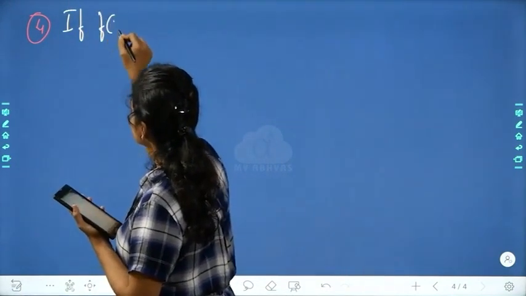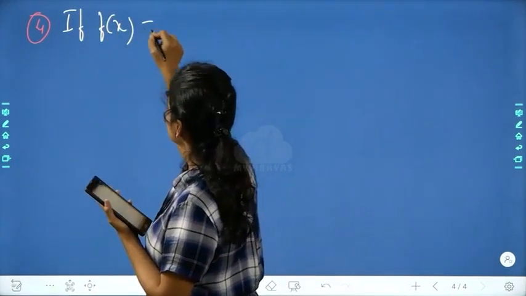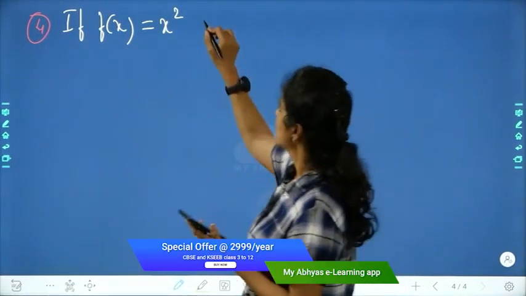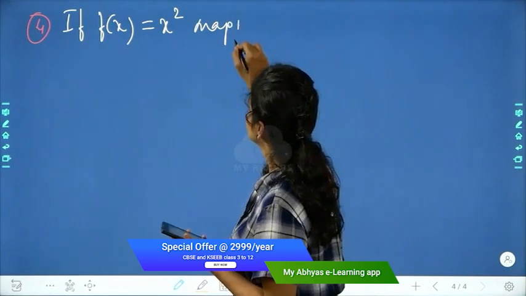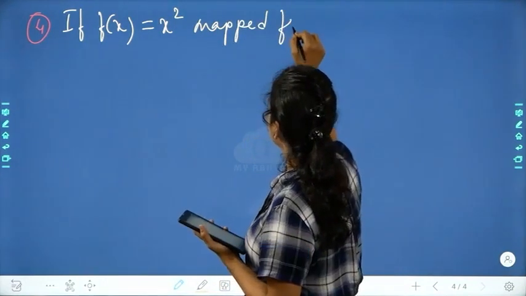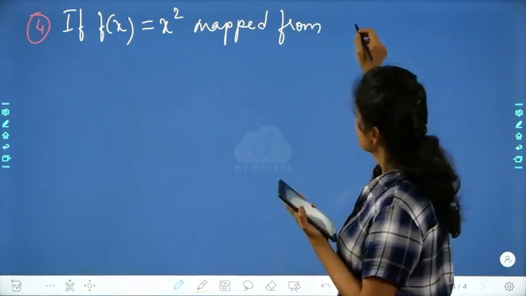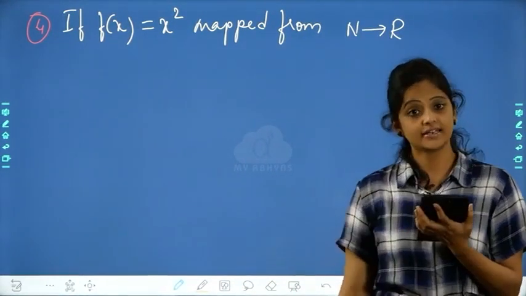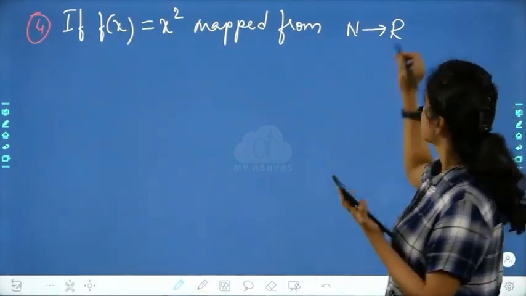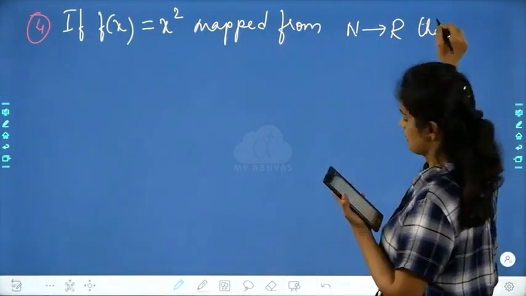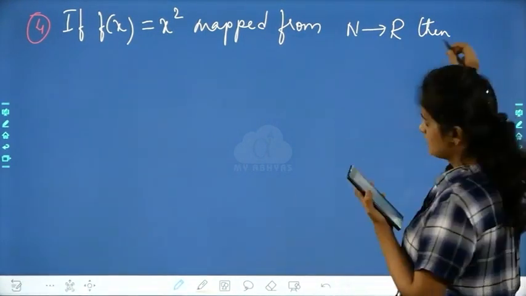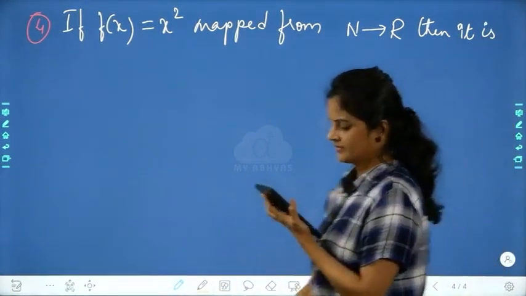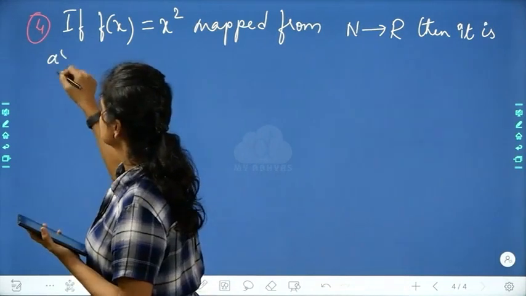If f of x is equal to x square, mapped from N to R, natural numbers to real numbers, then see what kind of function is this?